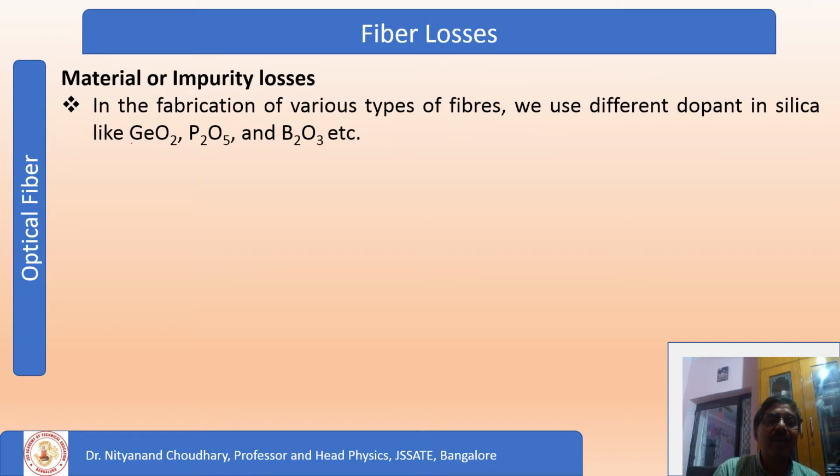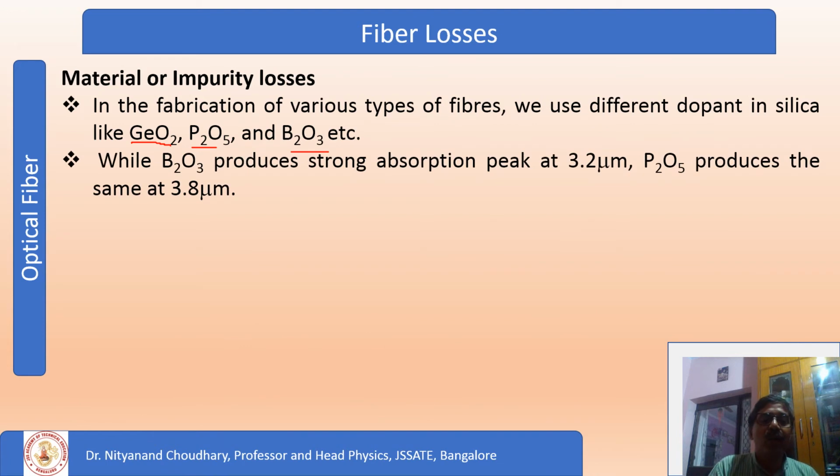For example, we can dope with GeO2 germanium oxide, phosphorus pentoxide, barium oxide. All those impurities are added to the silica to provide stability in the core. But then there is the other side of this: it is going to affect your communication. How?